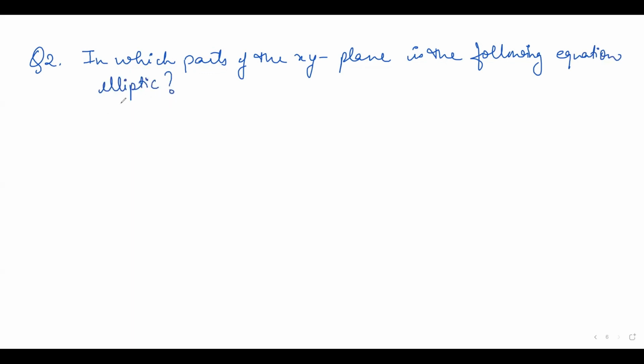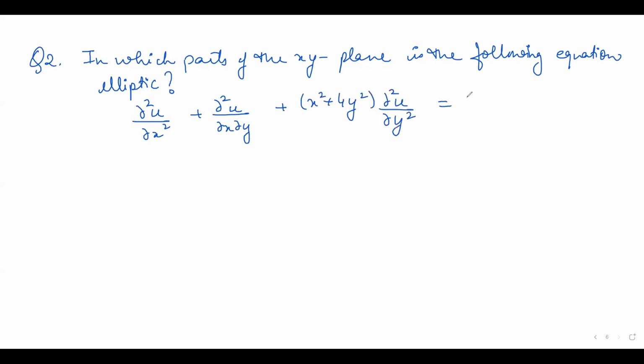So the equation that is given to us is this. Now, as you could see here, we need to consider only the A, B, C. So this part is irrelevant.